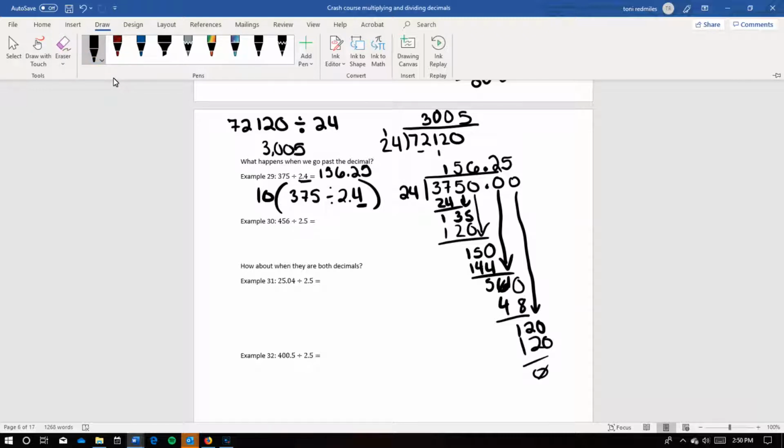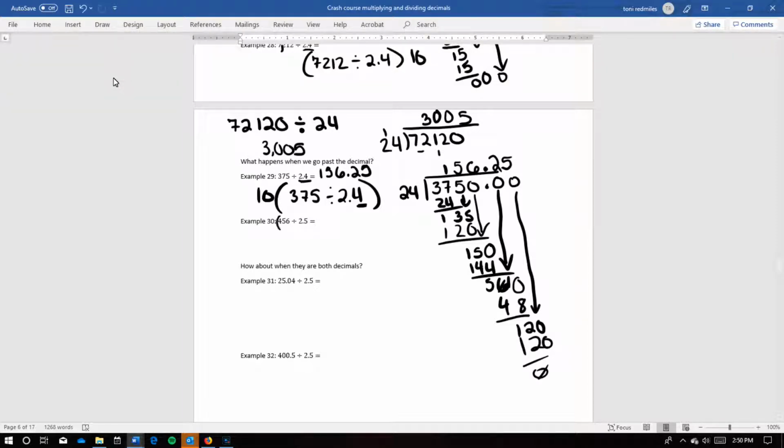Okay, so the next one, got to multiply everything by 10 because that 5 is in the tens place. I got to get rid of it, which is now going to give me 4,560 divided by 25. So let's go ahead and set this one up. So 25 goes into 45 one time, which is going to give me 20.